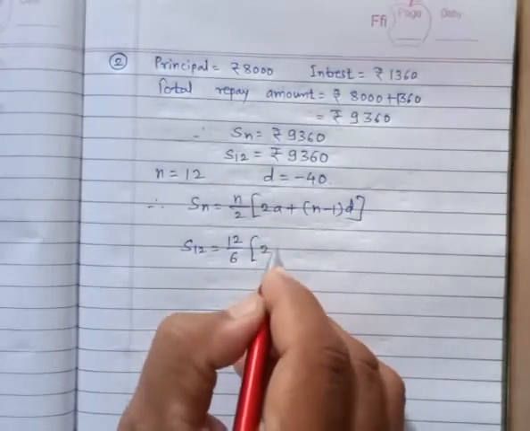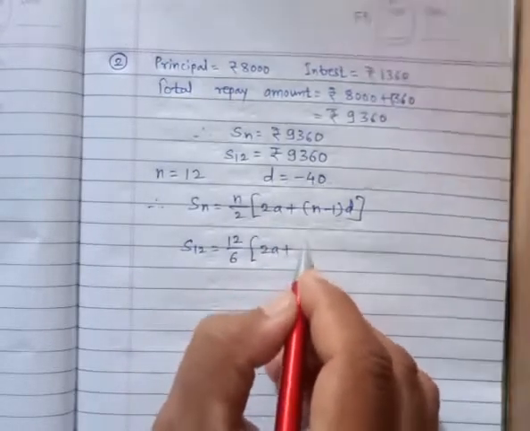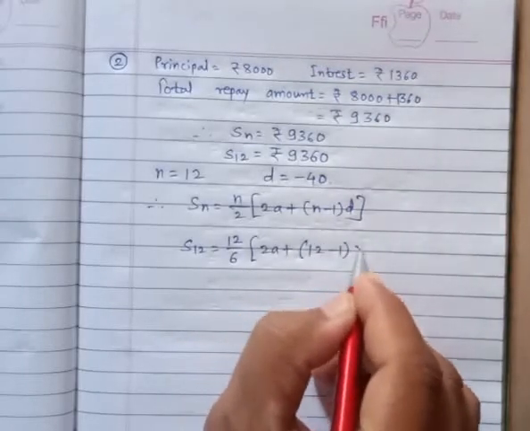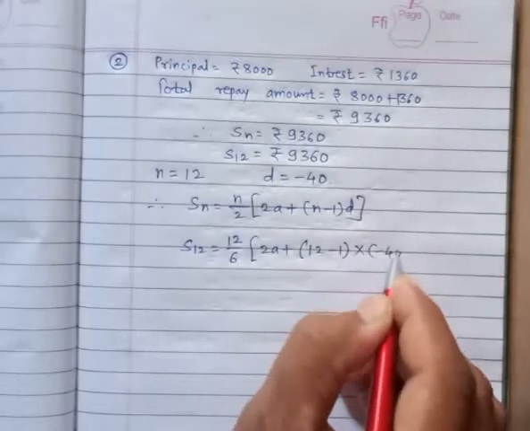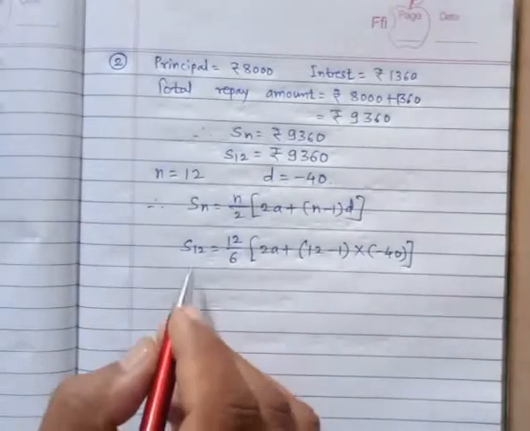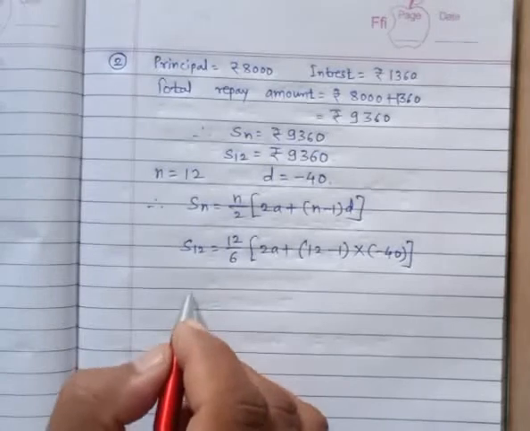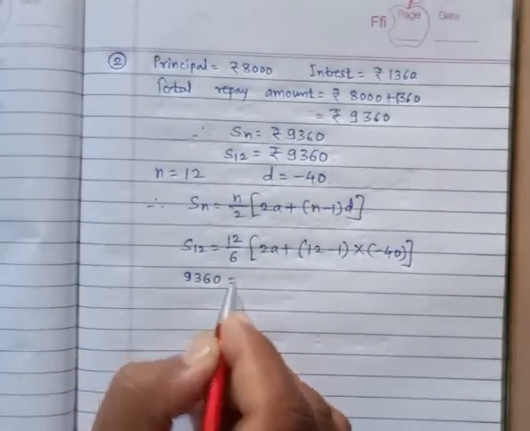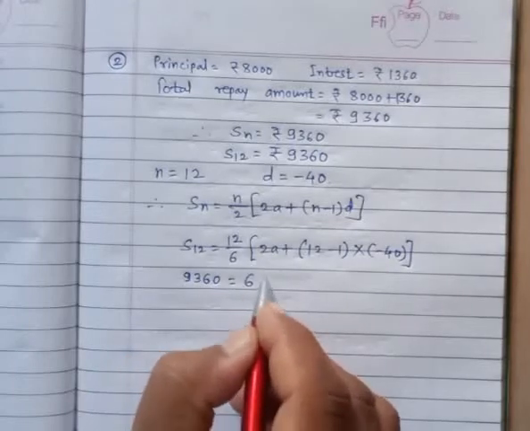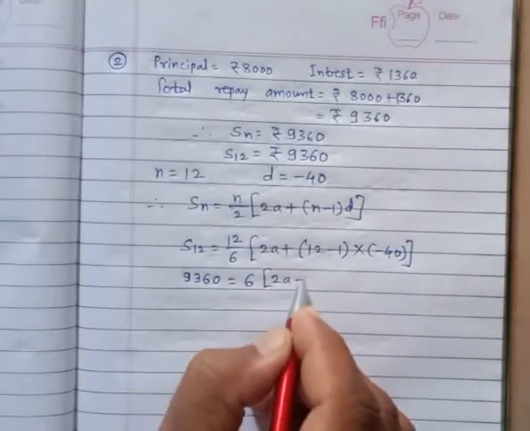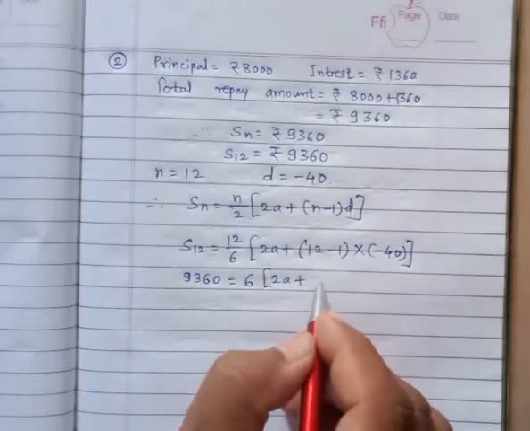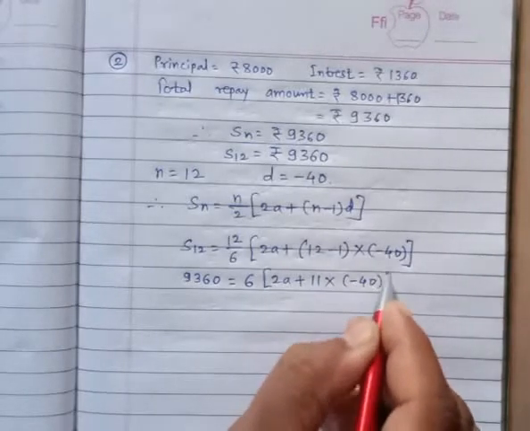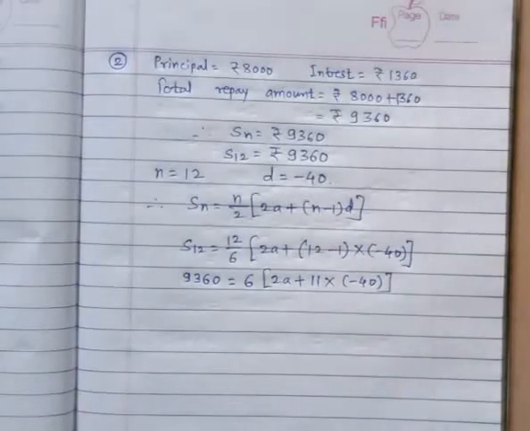Plus (n minus 1) into d, that is 12 minus 1 into negative 40. Put the value of S12: 9,360 is equal to 6 in bracket 2a plus 11 multiplied by negative 40. This square bracket is completed.